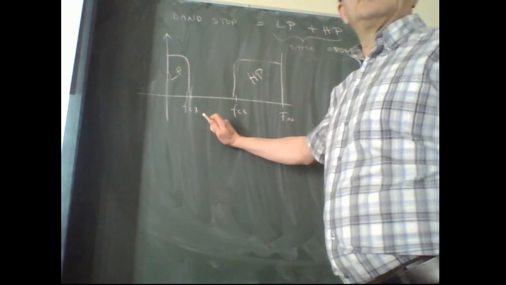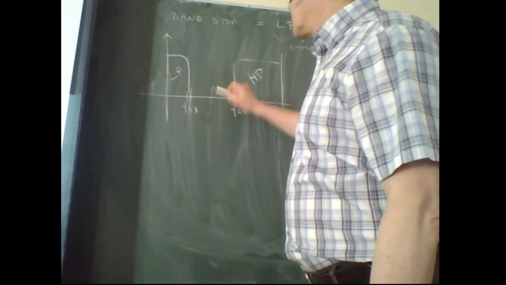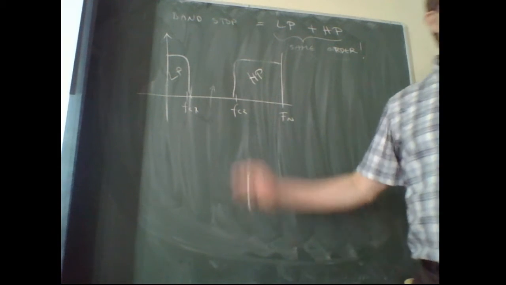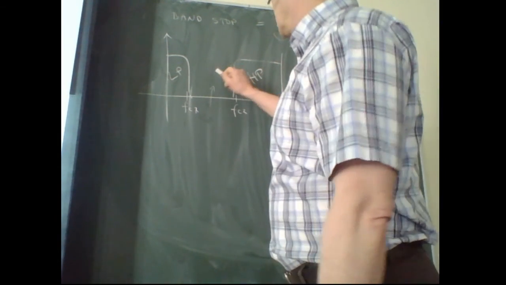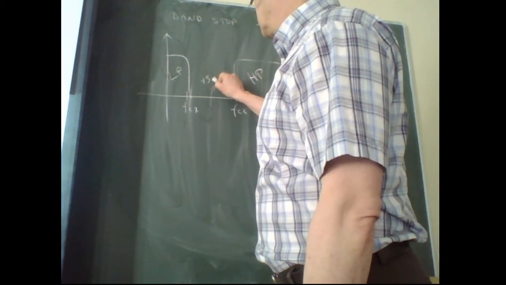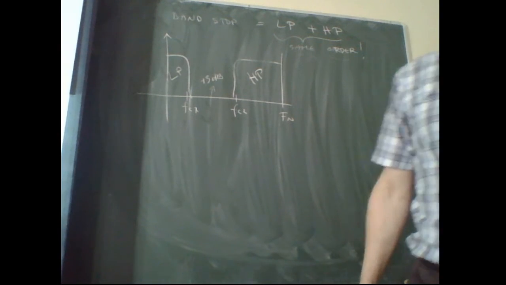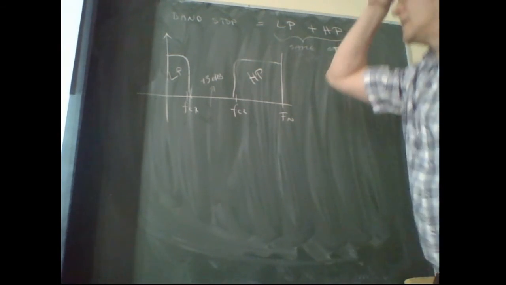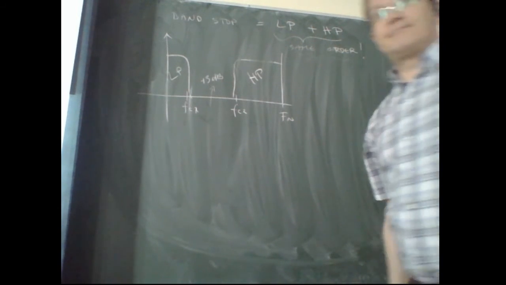Another thing, when you're adding systems, basically it also means that you add the stop band together. So basically you will usually get 3 dB less stop band attenuation than the original ones.